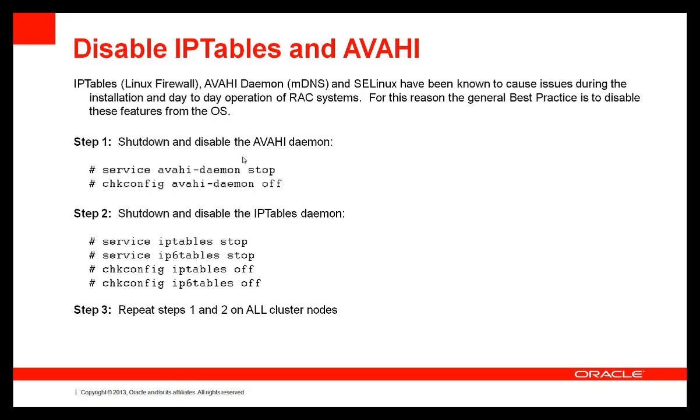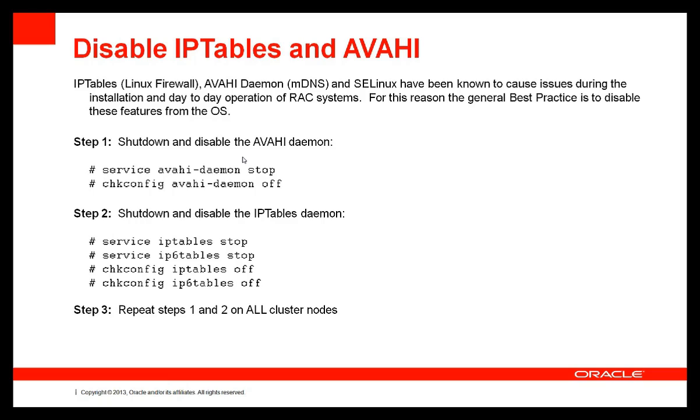So we're going to shut that down as a best practice. The Avahi daemon is an mDNS daemon. Grid infrastructure, starting with 11.2.0.1, packages its own mDNS daemon. In this configuration, mDNS is actually going to be used to push the GPnP profile, which is required information for each cluster node to join the cluster. So we're going to disable that.